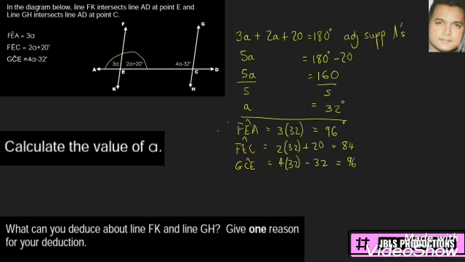Now we can notice something here when we are answering the second part, which says what can you deduce about line FK and line GH, and give one reason for your answer. So we can deduce that FK is parallel to GH, and our reason will be corresponding angles.